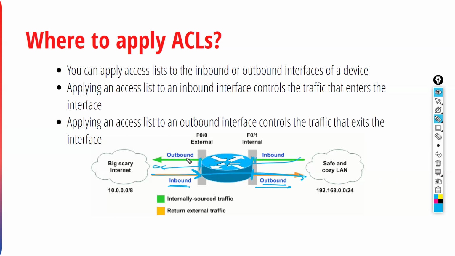If the traffic is incoming, it is inbound. If the traffic is outgoing, it is outbound. So you can apply ACLs in an inbound or outbound direction on an interface of a device. Applying an access list to an inbound interface controls the traffic that will enter the interface. That means if you apply the ACL in the inbound direction, it will control incoming traffic. If you apply it in the outbound direction, then it will control outgoing traffic.